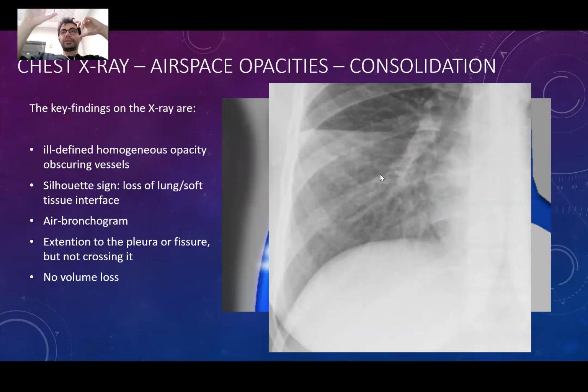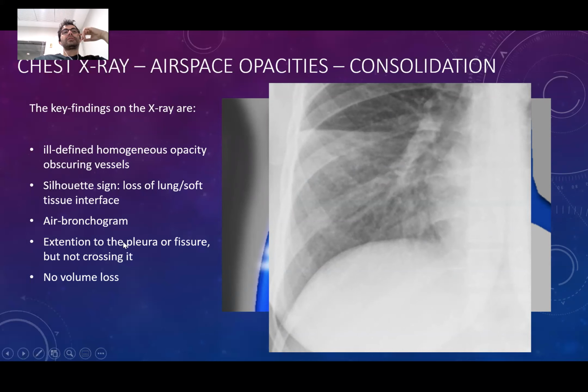So the appearance is changing from bright to dark. On a normal scan, I'm seeing normal blood vessels. In a case of consolidation, I will start to see the air-filled bronchus. Was it a little bit clear? I will come to this.